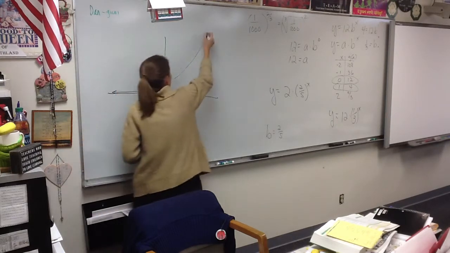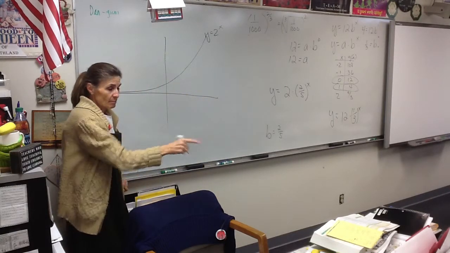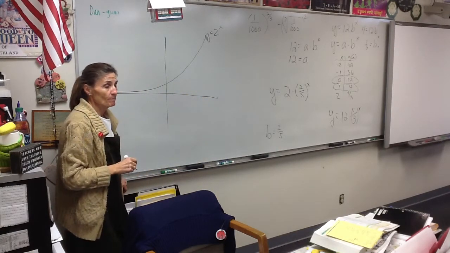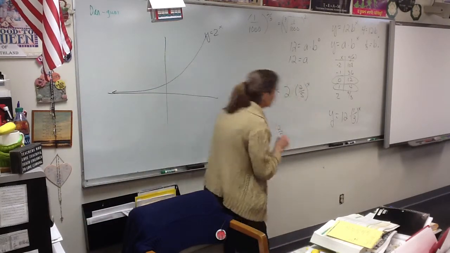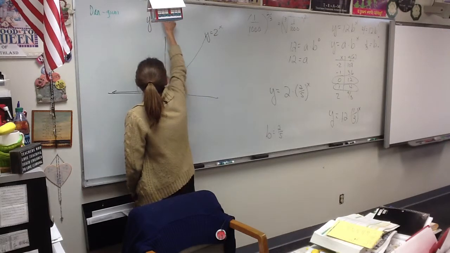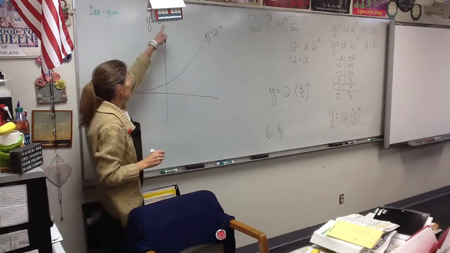So right here is a picture of y equals 2 to the x. That's the problem they want me to sketch. Okay? Now, they said, how did you get this? What have you done?